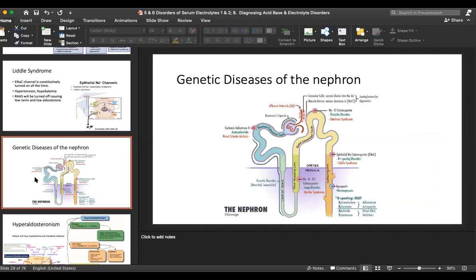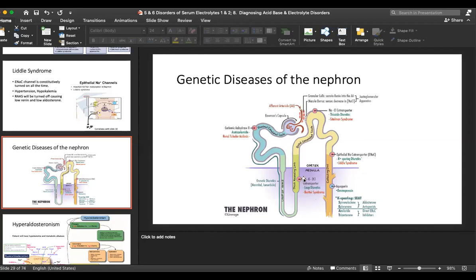Okay, so looking at this is, I think, the best way to remember what these look like. We've got Liddle syndrome, Bartter, Gitelman, and renal tubular acidosis, and really remembering where they go.